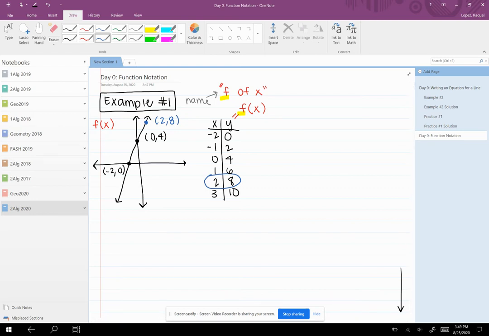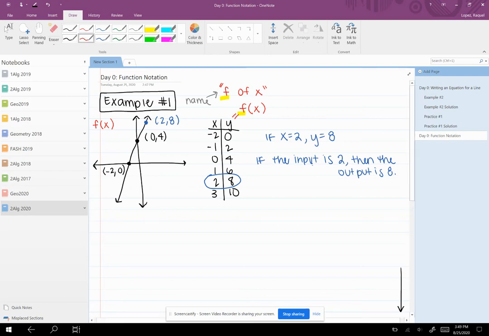One way that I can express this idea is by saying if x equals 2, then y equals 8. Another way of expressing this idea is if the input is 2, then the output is 8. So that's another way of expressing that same idea.